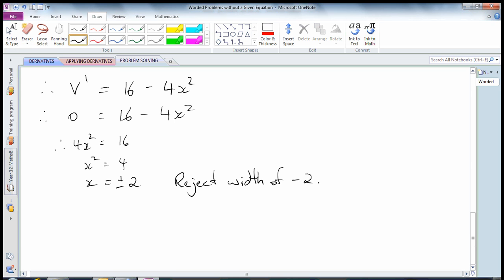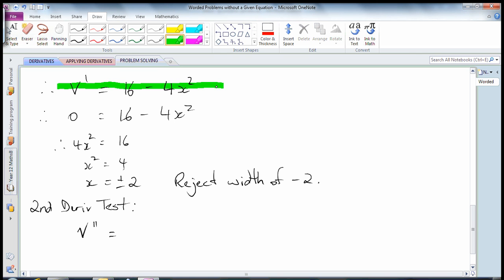Now we need to test that, we need to prove that. So I'm going to prove that using the second derivative. So I'm going to do my second derivative test. So second derivative of v, if I look back to my first derivative, there it is there. I want to do the derivative of that, so I'm going to get negative 8x.